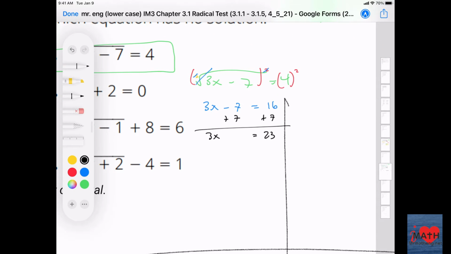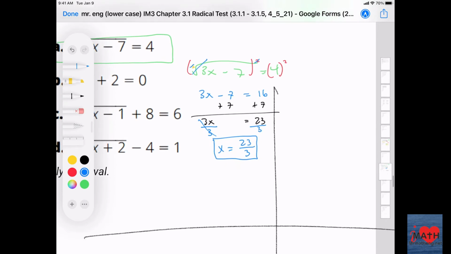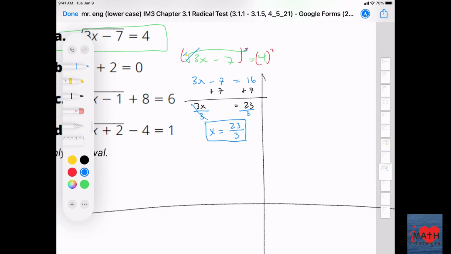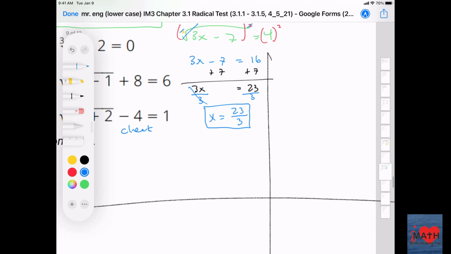And if you divide it by 3, you're going to get x equals 23 over 3. Okay, not a fun answer, but basically what we do then is we need to check our answer. This will help us figure out which one is a no solution. So I'm going to put 3x minus 7 equals 4.